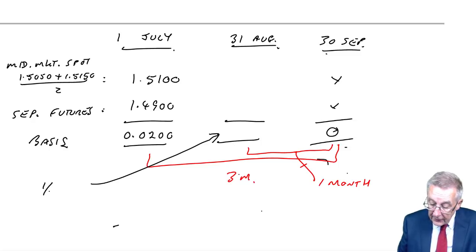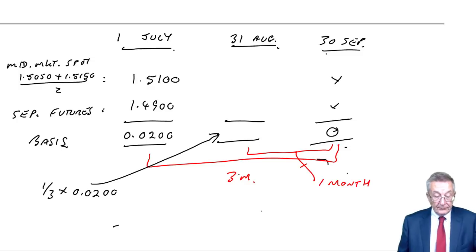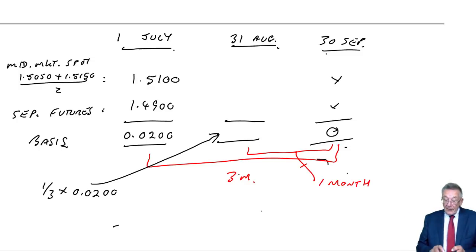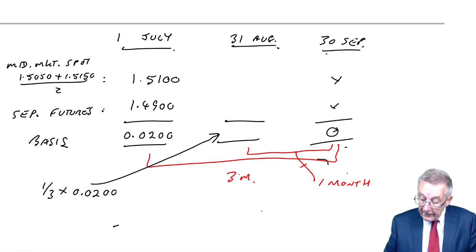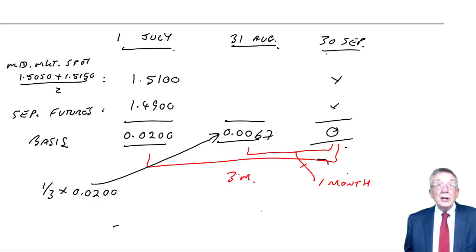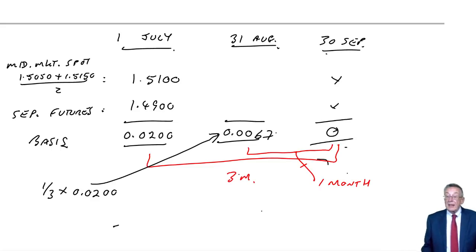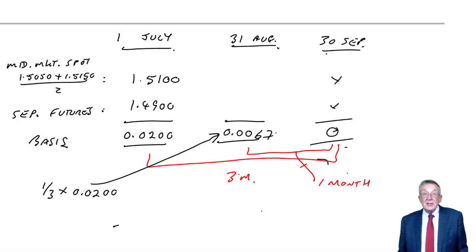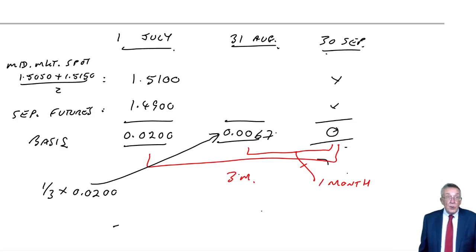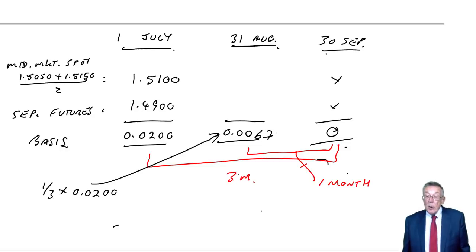And so it'll be 1/3 of 0.0200. 0.0200 divided by 3 is 0.0067. We work to 4 places normally because exchange rates are quoted to 4 places. So that's our estimate of the difference on the 31st of August, our transaction.